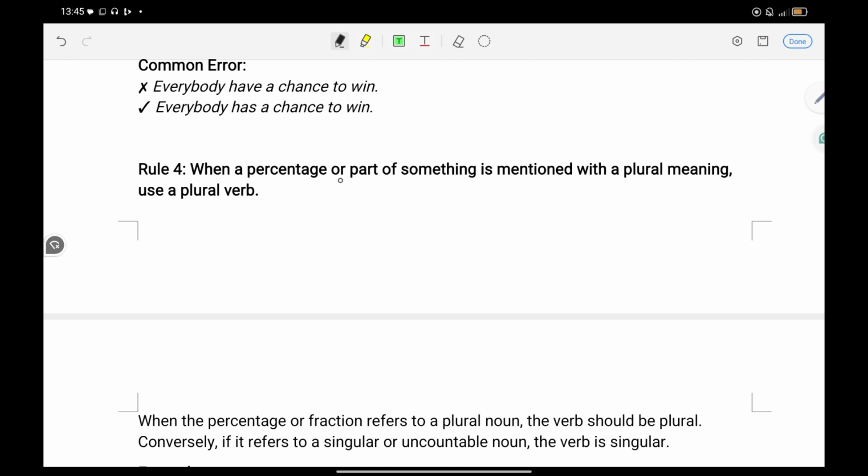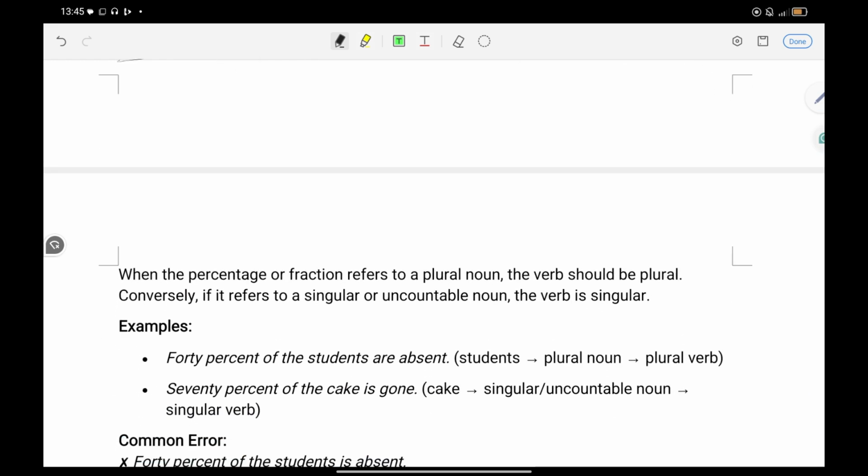When a percentage or part of something is mentioned with a plural meaning, use a plural verb. What does that mean? When the percentage or fraction refers to a plural noun, the verb should be plural. Conversely, if it refers to a singular or uncountable noun, the verb is singular. For instance, 40% of the students are absent.